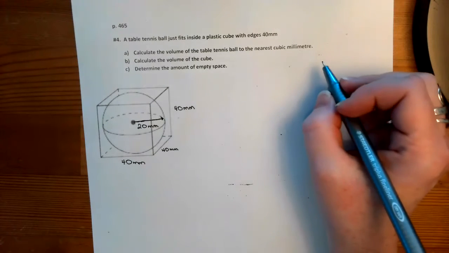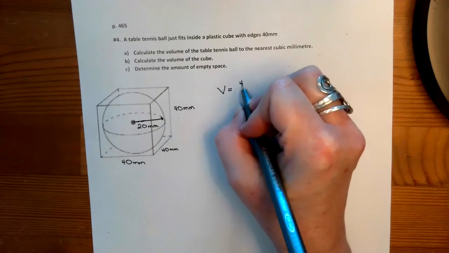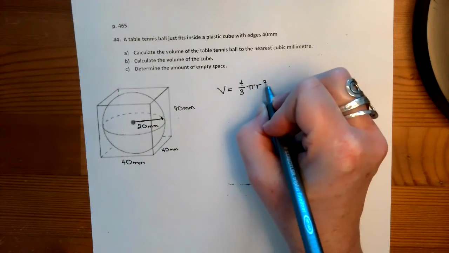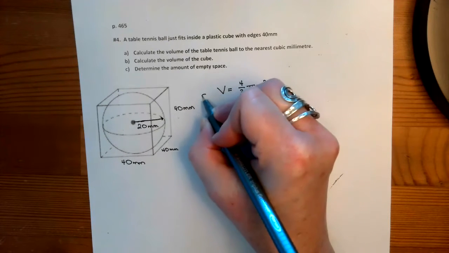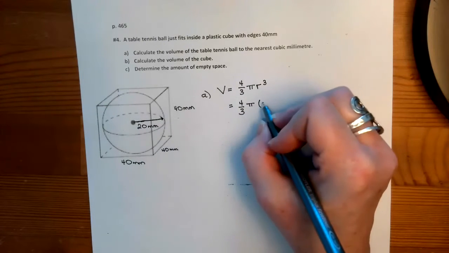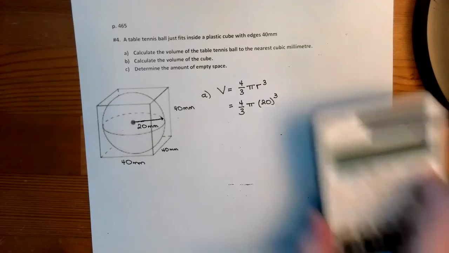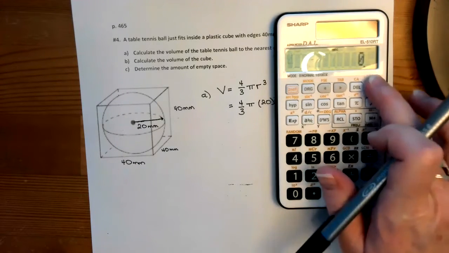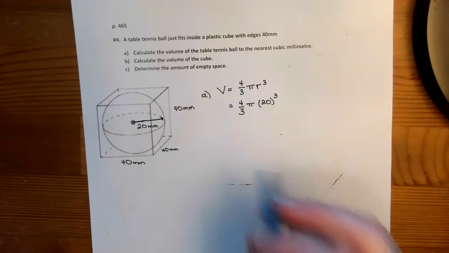First, we need to calculate the volume of the tennis ball, which is a sphere. The volume is 4/3 pi r cubed, which is 4/3 times pi times 20 cubed. 20 cubed is 8,000.